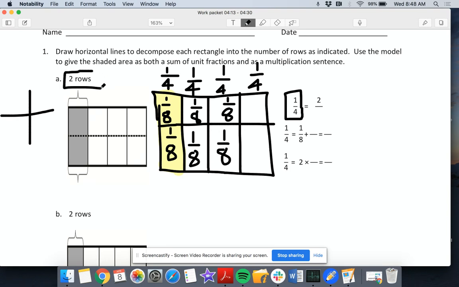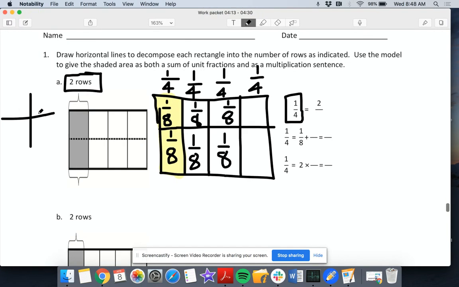Okay, and a row is just a line that is going from left to right. Okay, but we can't get confused over, oh, 2 rows, that means draw 2 lines. No. So 2 rows means that you need to have 2 of these horizontal boxes, okay? 2 rows does not mean draw 2 lines. Okay, let's just be sure about that.